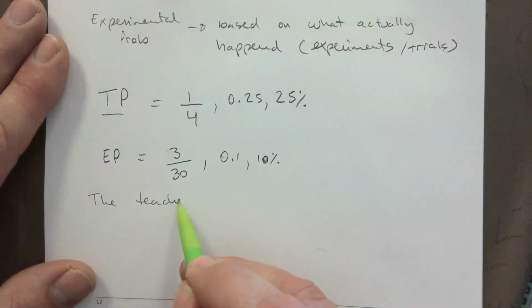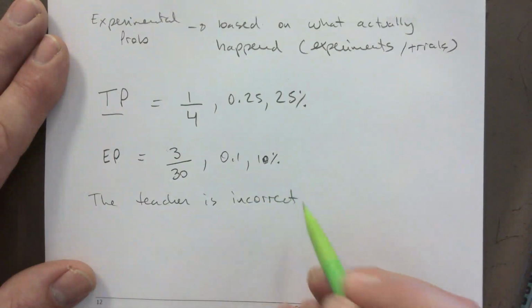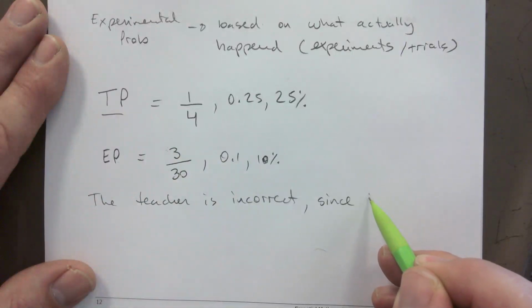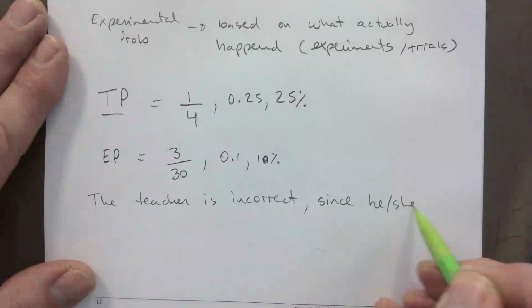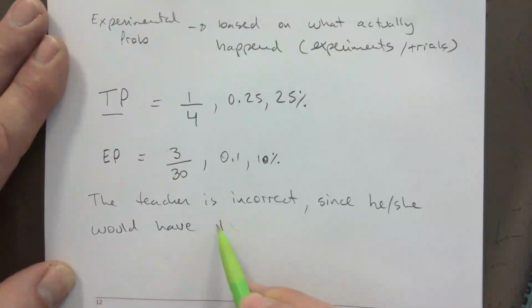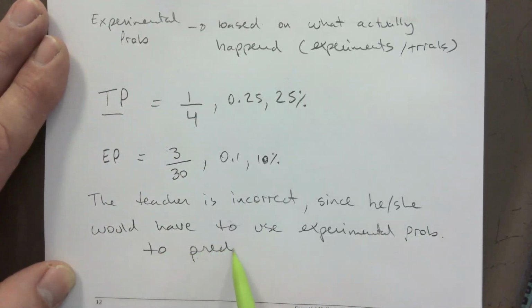The teacher is incorrect since he or she would have to use experimental probability to predict this correctly.